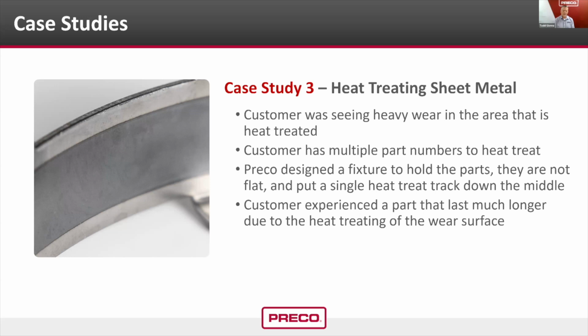So we are not melting the surface, and it's on an inside radius, which added another challenge. So it's a curved part. Yeah, sorry, to be honest, that's not a flat part. It has a radius to it where the heat treat follows the whole flat to radius to flat.